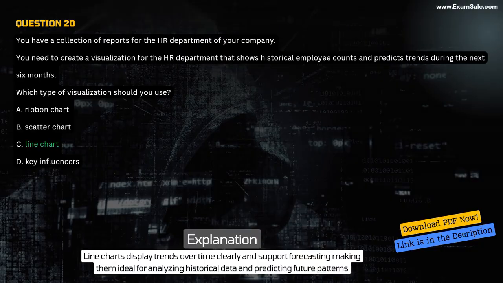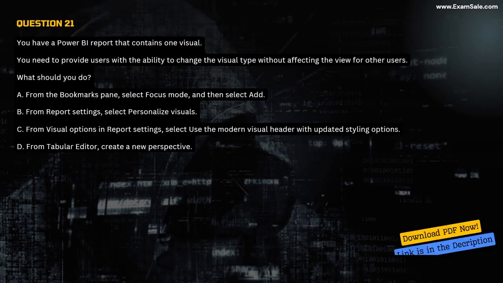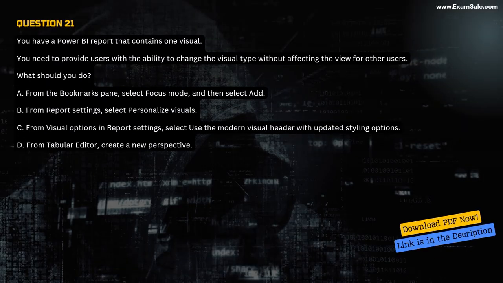Explanation. Line charts display trends over time clearly and support forecasting, making them ideal for analyzing historical data and predicting future patterns. Question 21. You have a Power BI report that contains one visual. You need to provide users with the ability to change the visual type without affecting the view for other users.